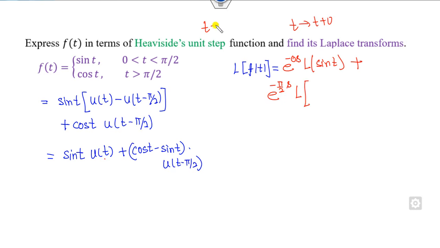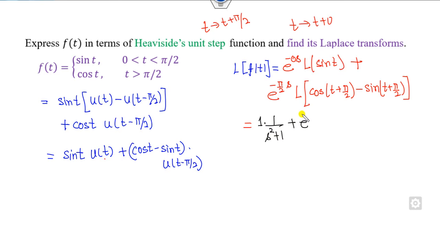Laplace of, I can replace the number to be pi by 2 plus t, so that is cos of pi over 2 plus t minus sin of pi over 2 plus t. If you open this, e raised to power 0 is 1. Laplace of sin t is 1 over s square plus 1, e raised to power minus pi over 2s.